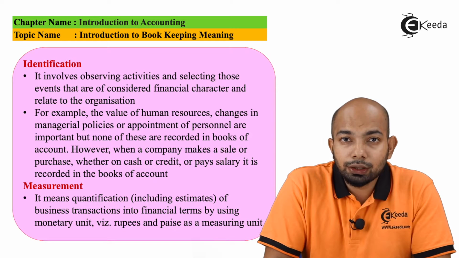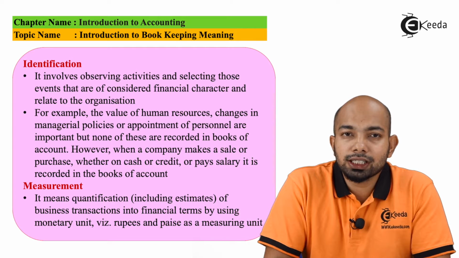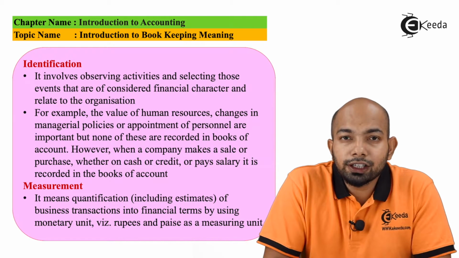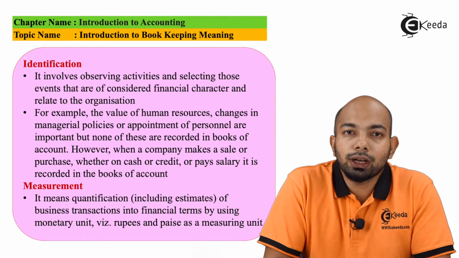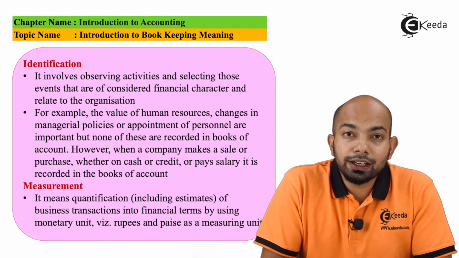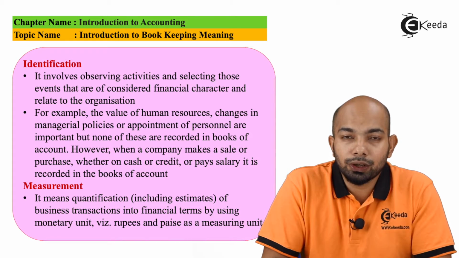So this monetary value is known as measuring this specific business or financial transaction in terms of monetary value. So any transaction which has been identified as a financial transaction will definitely go as a monetary value, and the measurement of these transactions will be done in terms of monetary value itself. So the first step being identification of transaction, second step being measuring the transactions in terms of monetary value.